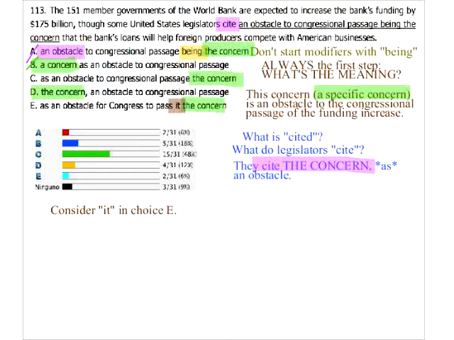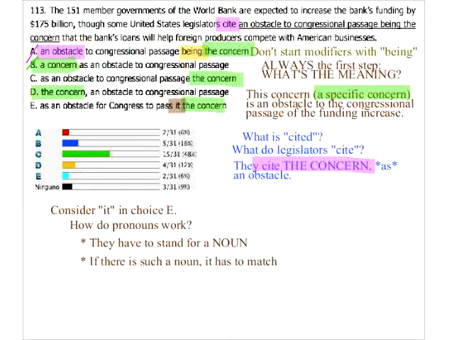Just, what do pronouns have to do? How do pronouns work? They have to stand for a noun. And then if there is such a noun, it has to match in terms of singular and plural.